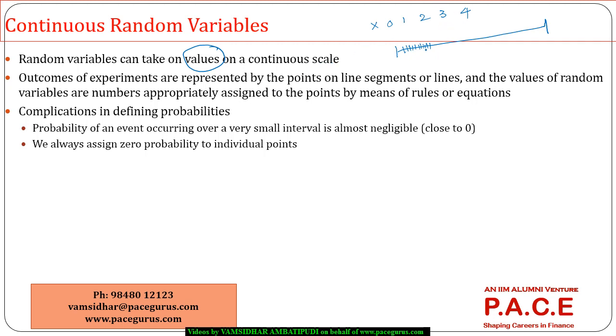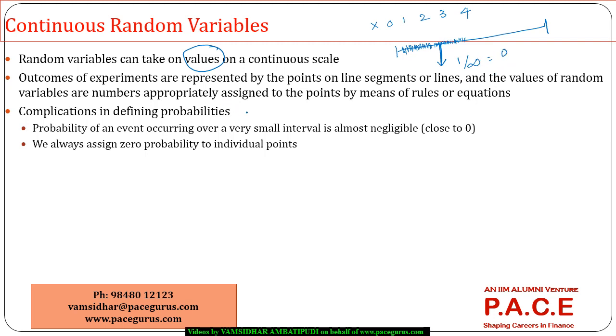Now, because almost any possible value can be taken, all these values are possible within this range. If I want to talk about the probability of one single point, it's almost 1 out of infinite possible outcomes, which will make it equal to 0.